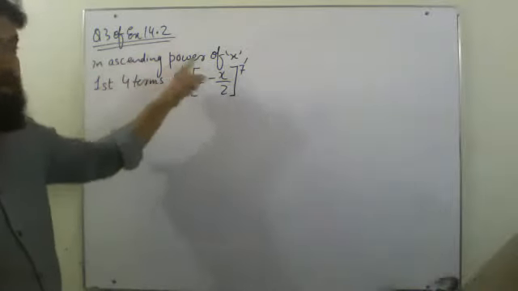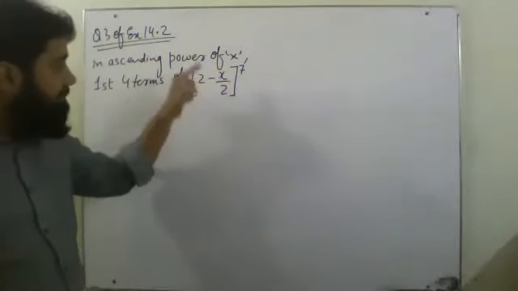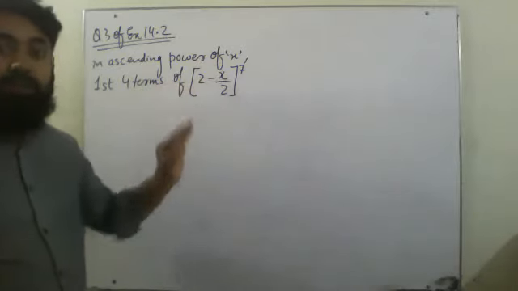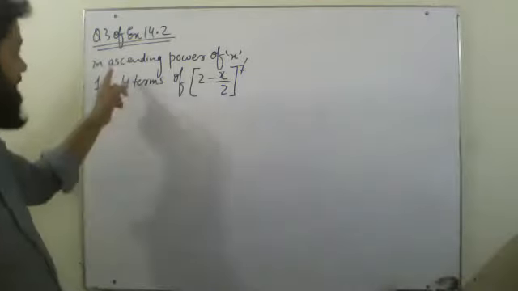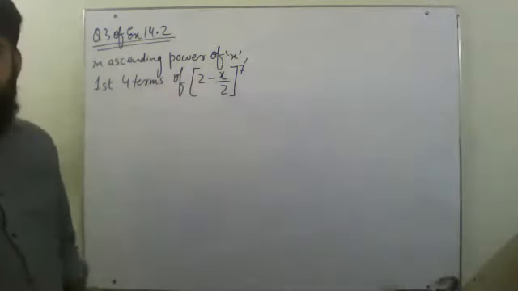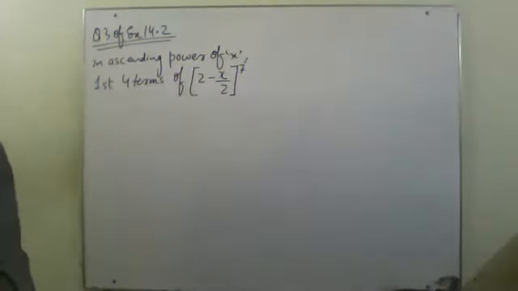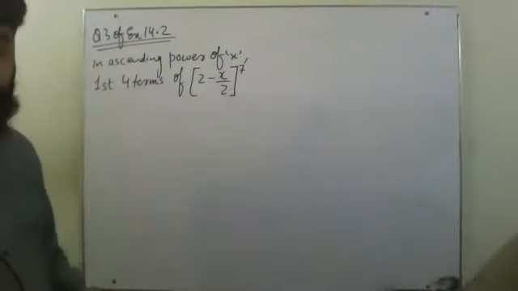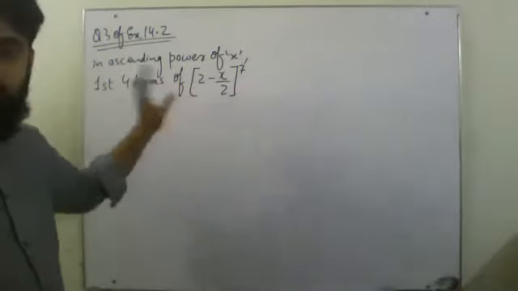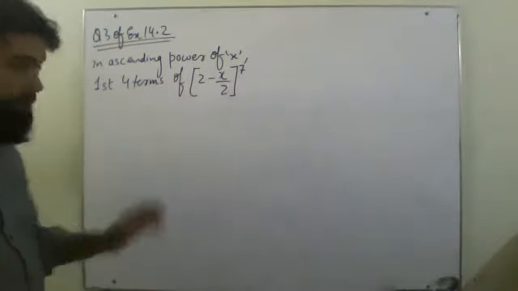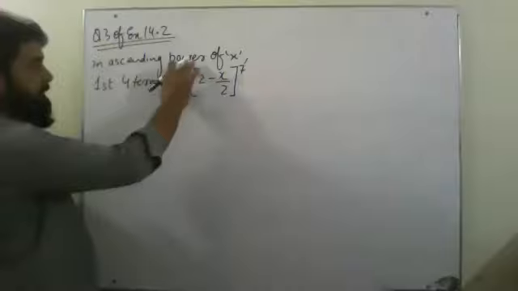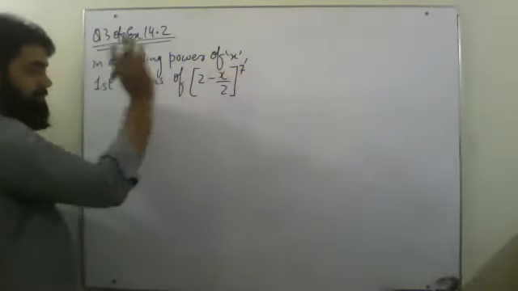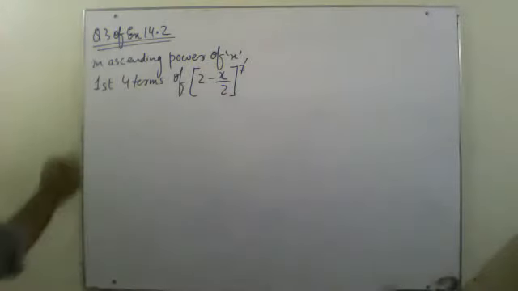If they ask for descending power of x, then the higher power of x will be written at the first term position. So as they are asking for ascending power, my higher power of x is at the second position. So the things are okay with me.